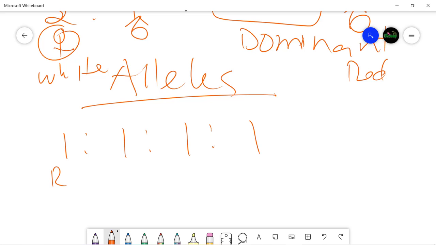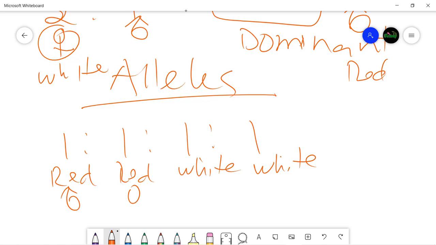So one red male, one red female, one white male, and one white female. So obviously these are totally different results of the reciprocal cross as compared to what we have seen in the Mendel crosses.